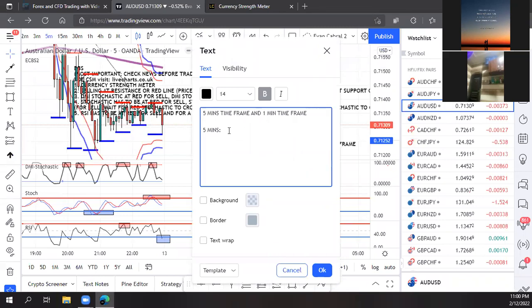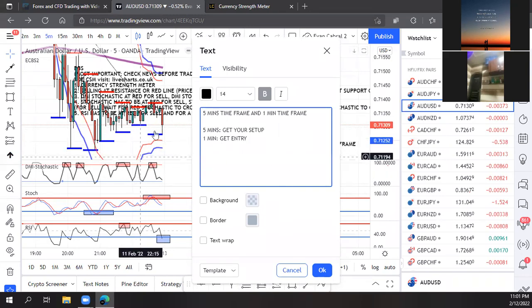So the 5-minute time frame is to get your setup. Then the 1 minute. We're using the 1 minute time frame to do what? To get entry. We're using the 5 minutes to what?